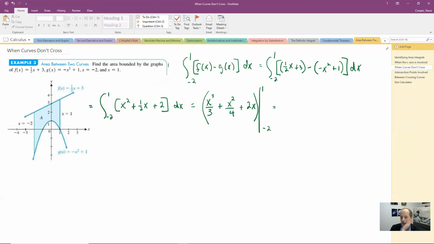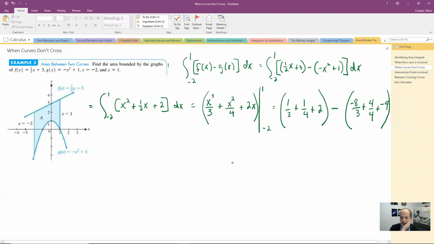Okay, so this ends up being, when I substitute the 1 in, 1/3 plus 1/4 plus 2, minus, when I substitute the -2 in, I get -2³ is -8. -2² is +4. And then 2 times -2 is -4.